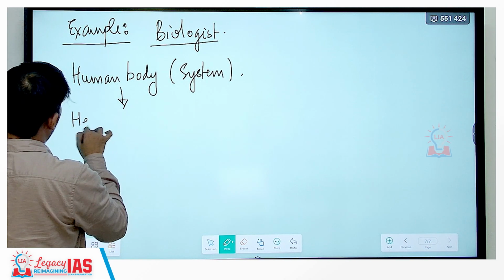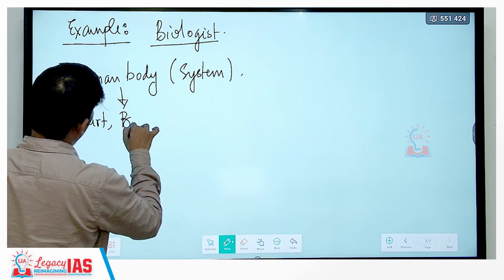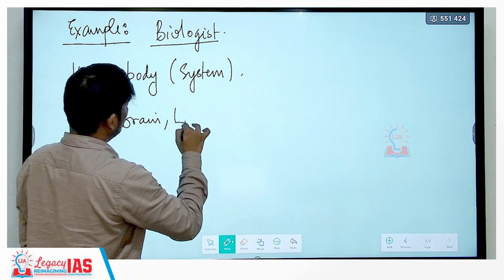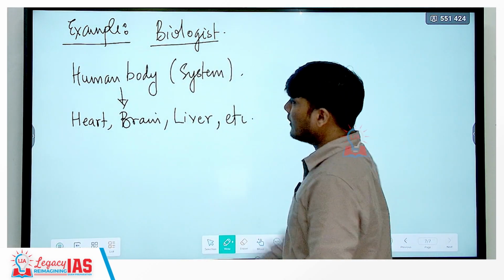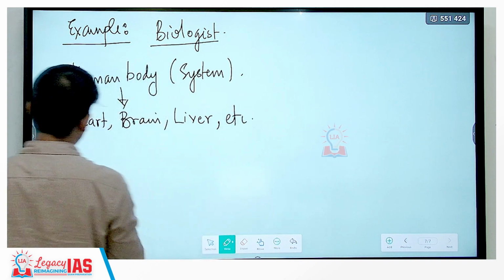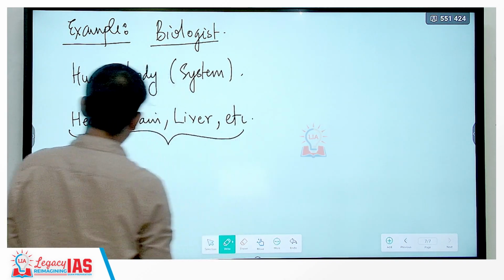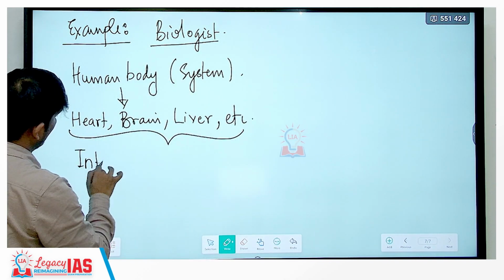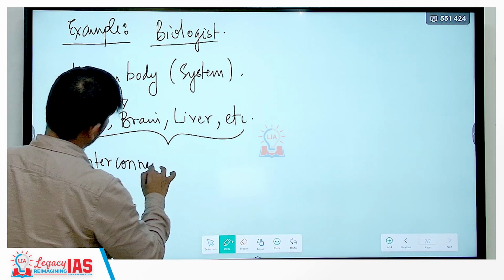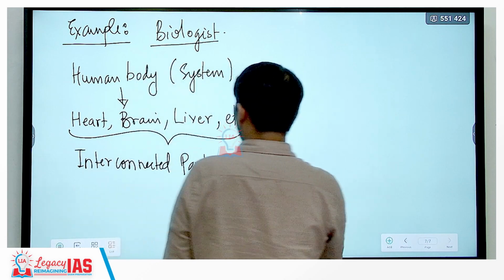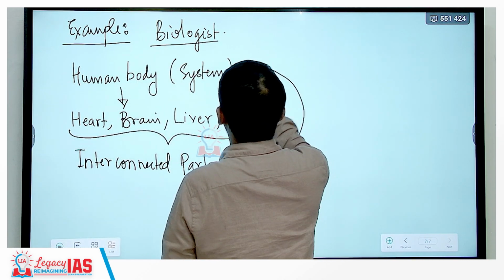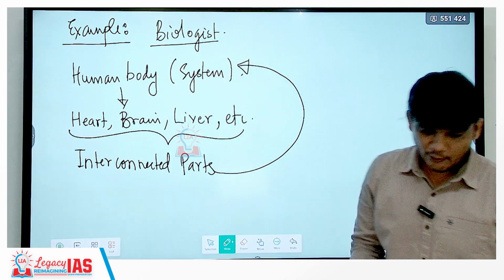The heart, the brain, the liver, etc. Now, what are heart, brain, liver, all these things? These are the interconnected parts. Now, these interconnected parts make what? Make the system. I hope that's clear.